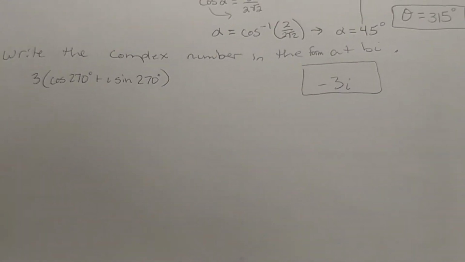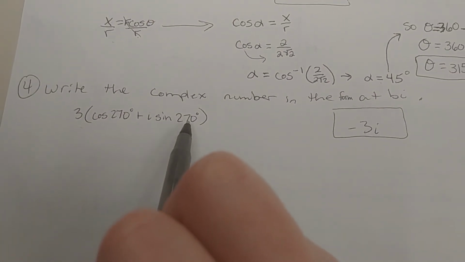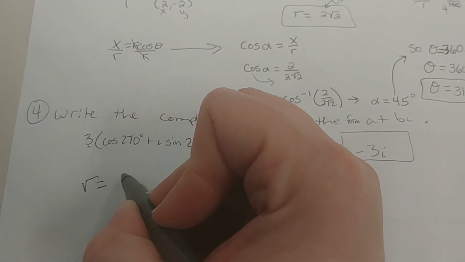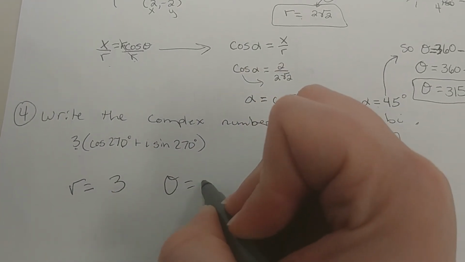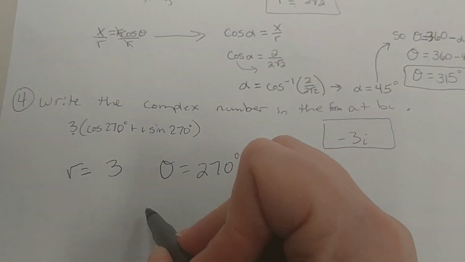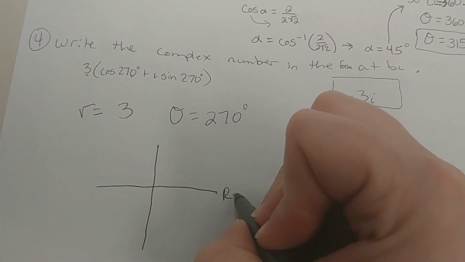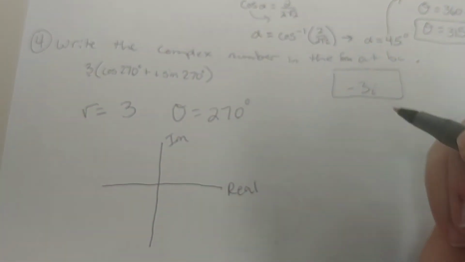For the last one, we have to work backwards. So they gave me 3 cosine 270 plus i sine of 270. So 3, I know, because it is sitting in the front location, is my r. It also tells me this, so that means my theta is 270 degrees. So all I have to do is draw my coordinate plane. I know I am turning from the first quadrant on the real axis, and I have to go 270 degrees.